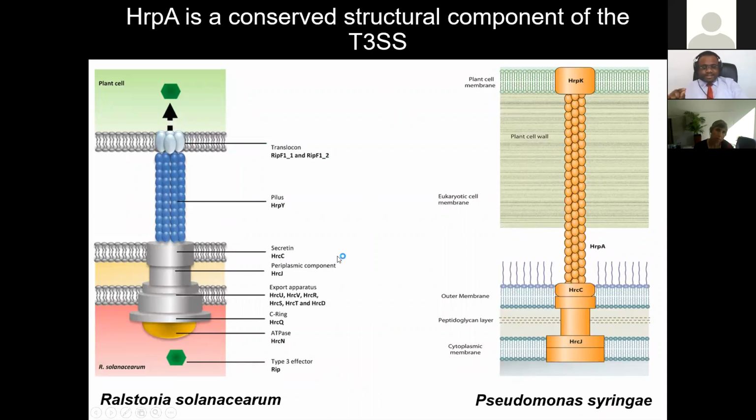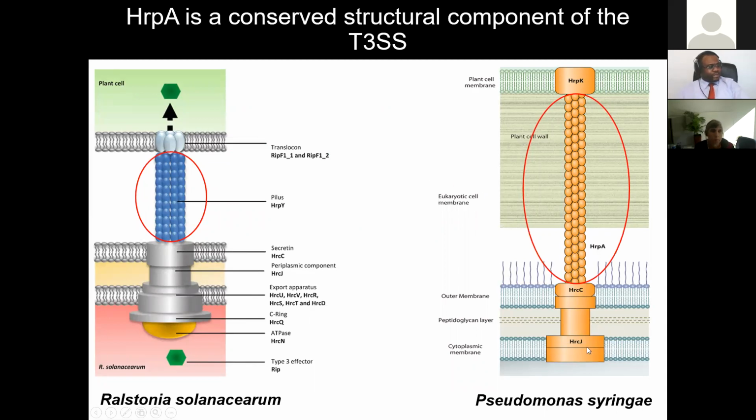ErpA is the major component of the type III secretion system pillars. And this gene is highly conserved among plant pathogenic bacteria. Usually the loss of this gene makes a phytopathogenic bacterium lose the ability to cause disease.